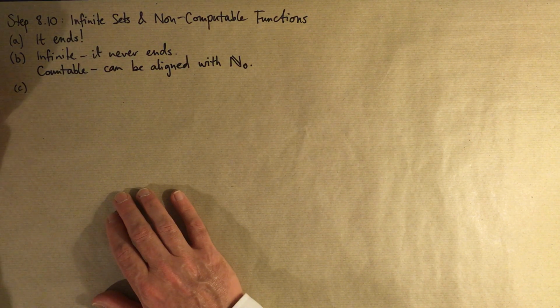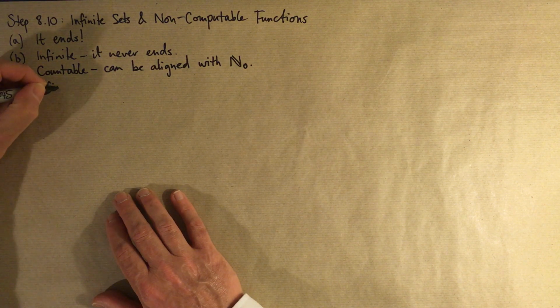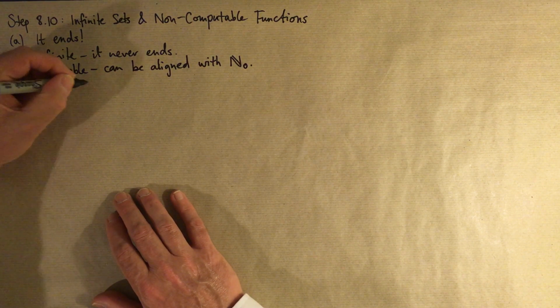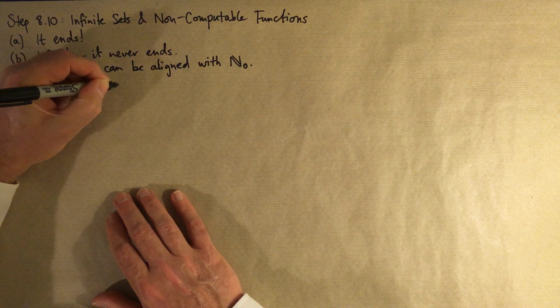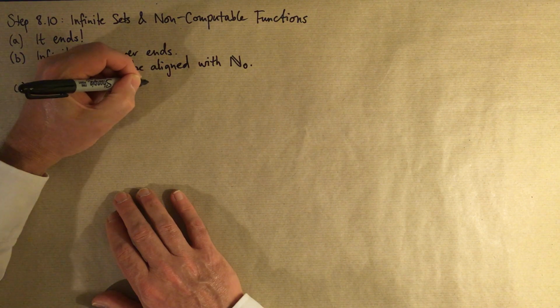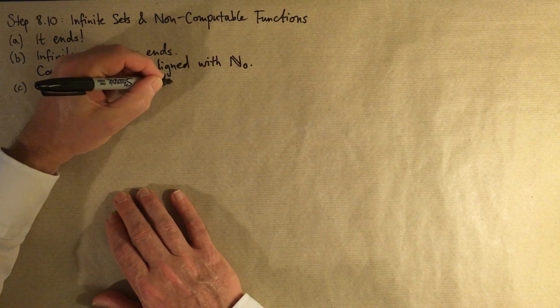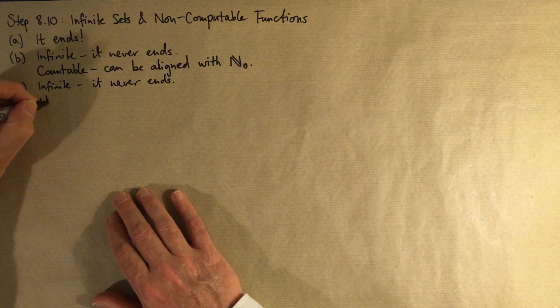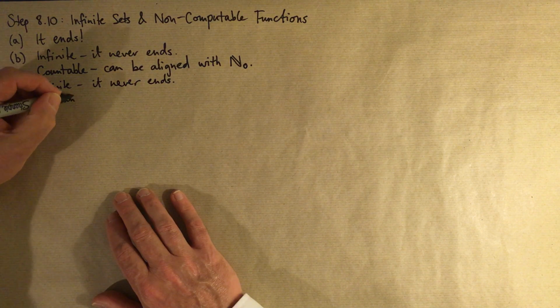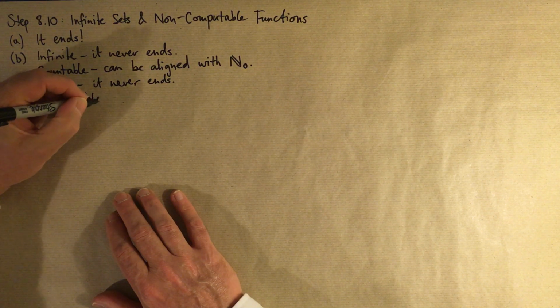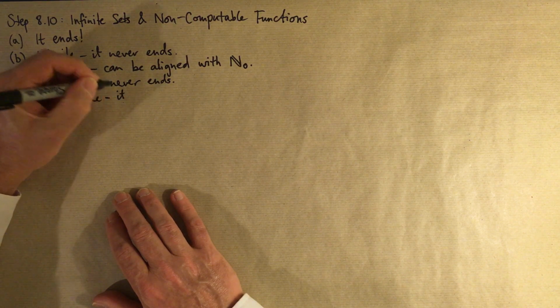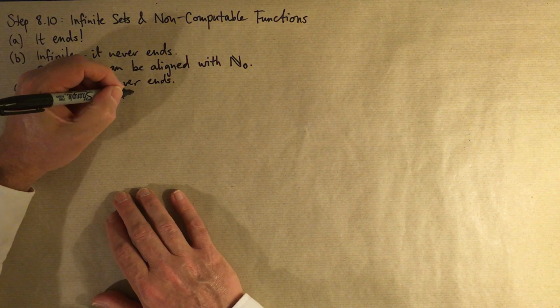Whereas an infinite uncountable set, well, infinite is as above. It never ends, no matter how much time you've got. But uncountable means it cannot be aligned with n0. There's too much of it.